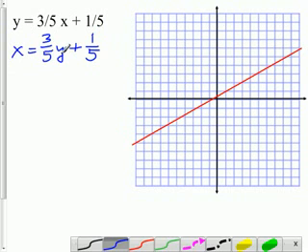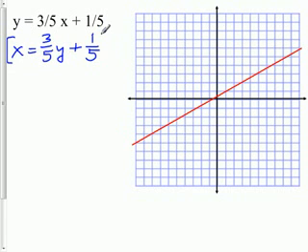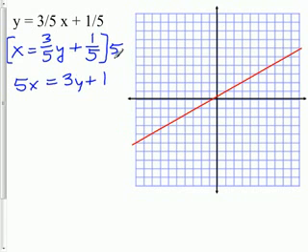So I see a common denominator here of 5. So I'm just going to multiply my entire equation by 5. What I'm going to be left with is 5x equals 3y plus 1. Now I'm going to subtract 1 from both sides and just solve for y really quick. I'm going to also switch sides and put the 3y on the left. I like my y's on my left.